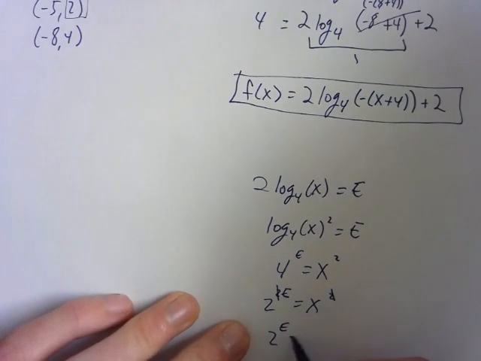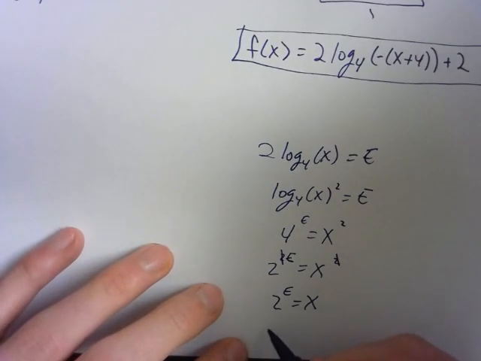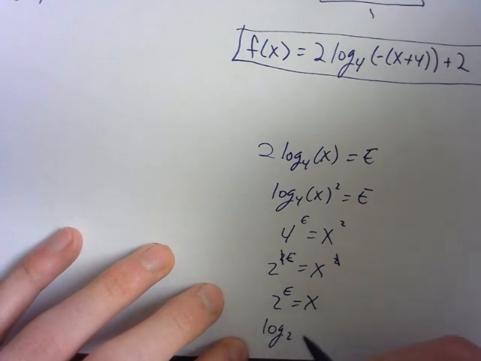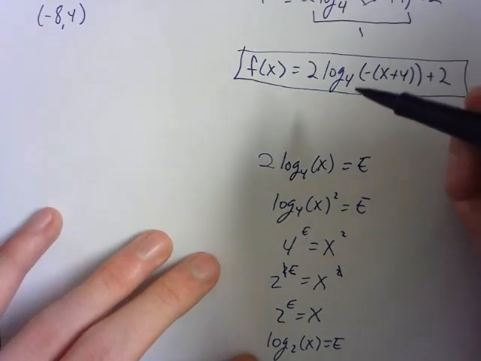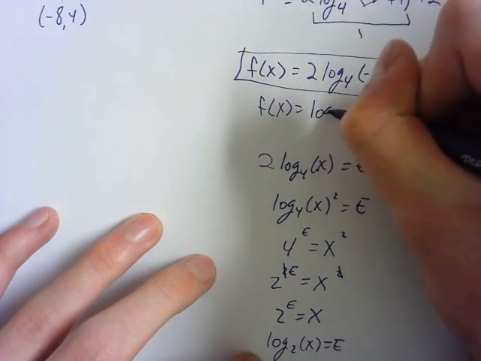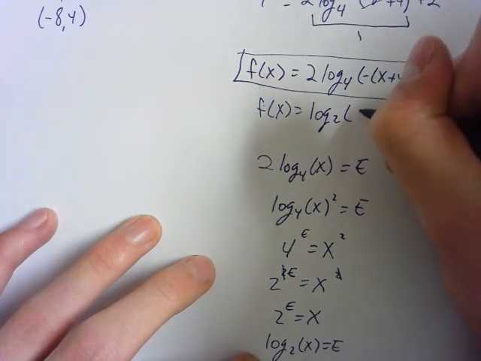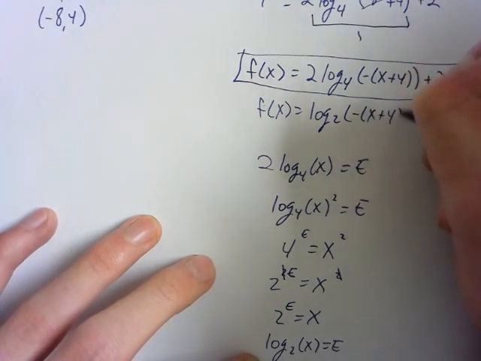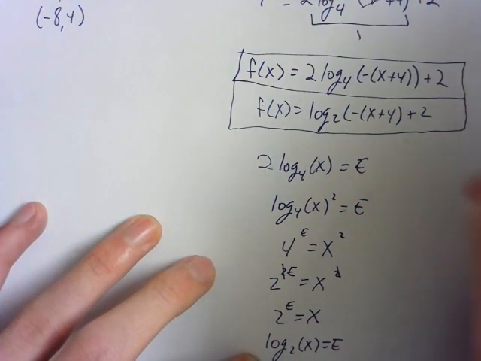So 2 to the e equals x. Convert that back to a logarithm, I end up with log base 2 of x equals e, which tells me that I can actually change this to f of x equals log base 2 of negative x plus 4 plus 2. Now these are both the same graph.